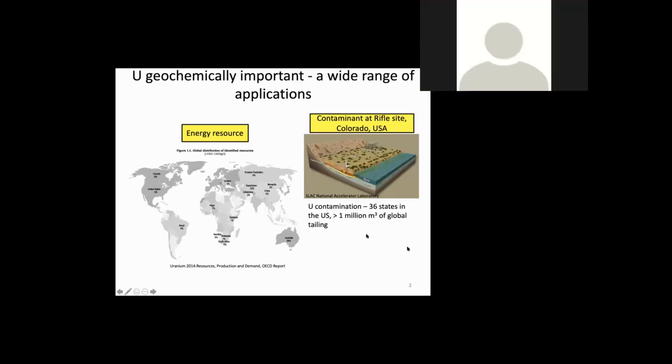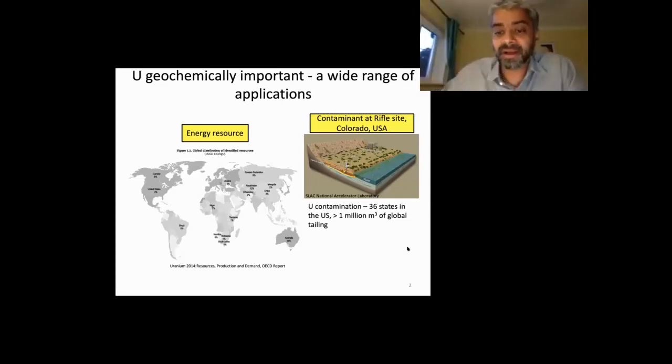In the US, contamination is reported from 36 states, and globally more than 1 million cubic meters of mine tailings have already accumulated. This is old data I'm quoting, so now it's probably several million cubic meters of global mine tailings.